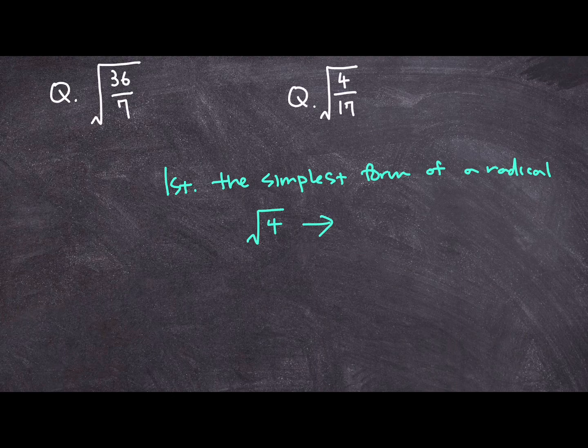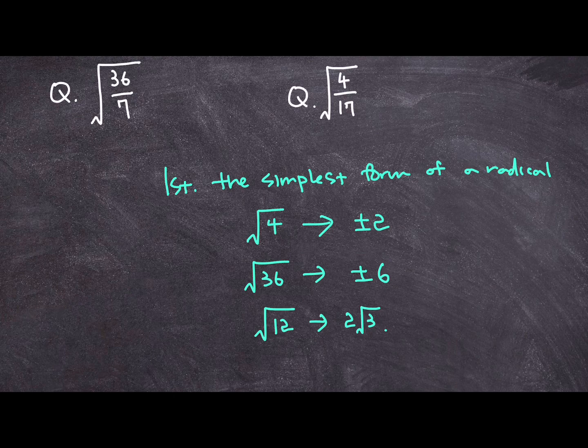It can be expressed as plus and minus 2. Or square root of 36, it's not in its simplest form. It's plus or minus 6. And square root of 12 also should be written as 2 square root of 3, for example.